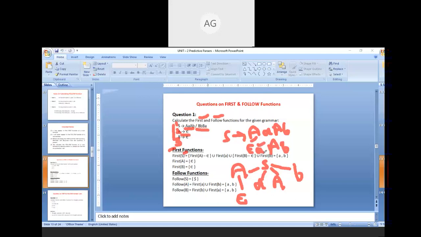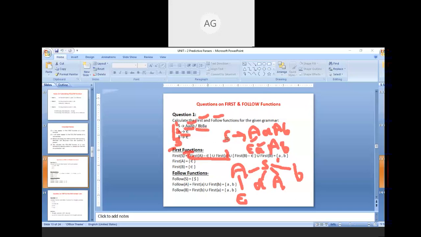This type of rule is applied: first of A minus epsilon union first of the next symbol. So from this you get the terminal a. So first of S gets the terminal a from this production, S produces A A B.